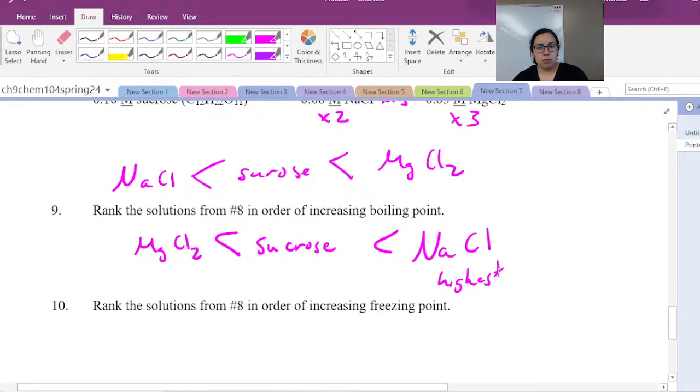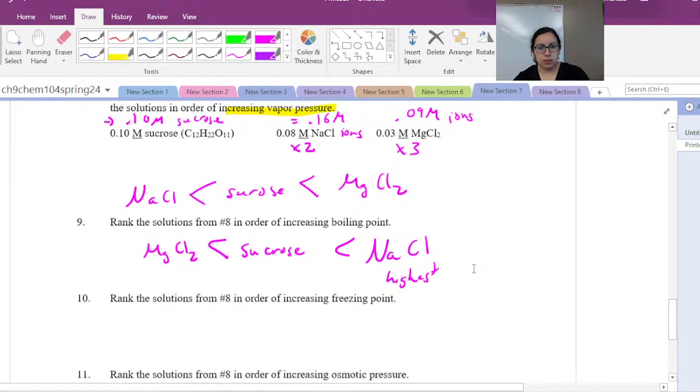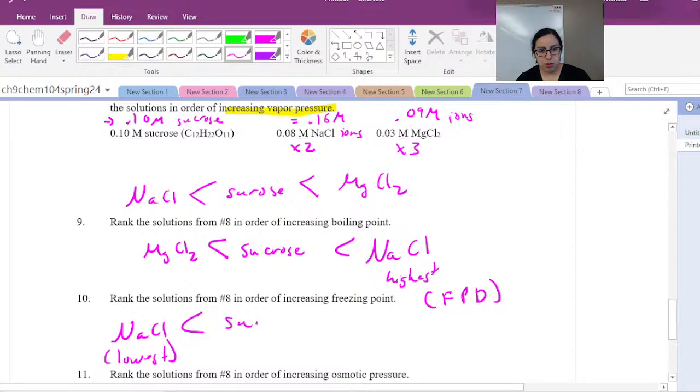And then, of course, we can continue. I'll do the freezing point. So increasing freezing point, we have freezing point depression. The lowest will be sodium chloride, sucrose in the middle, of course, and then magnesium chloride at the end.